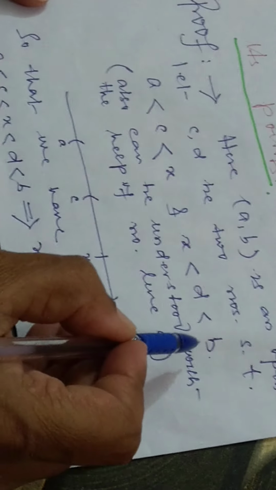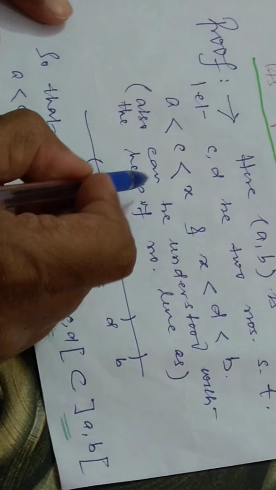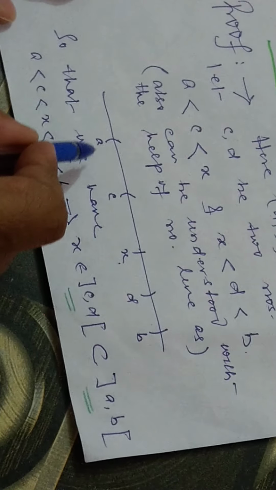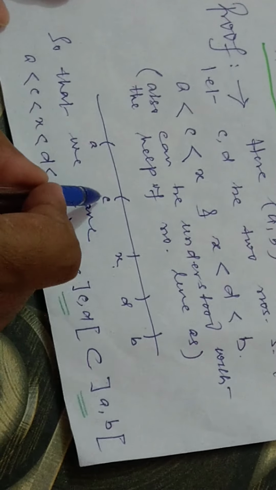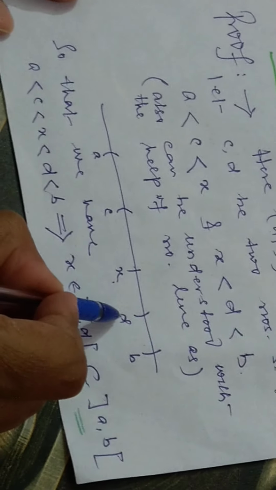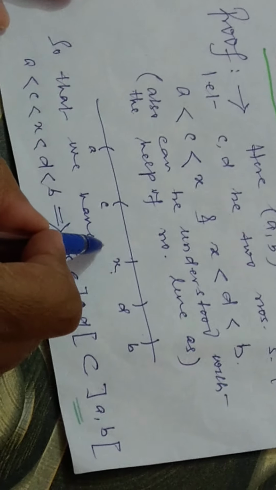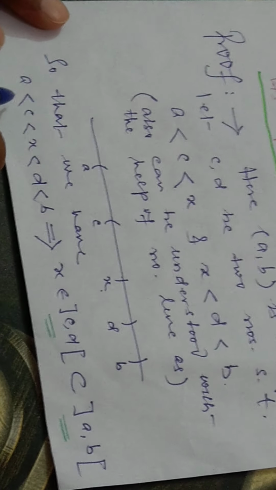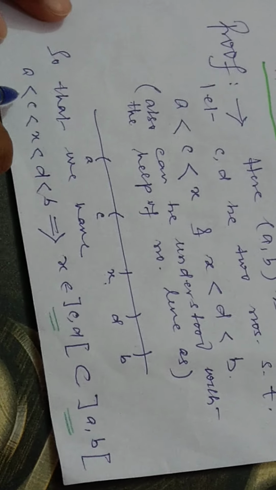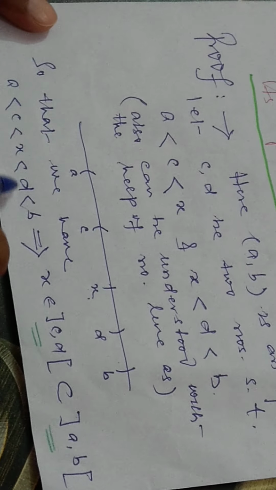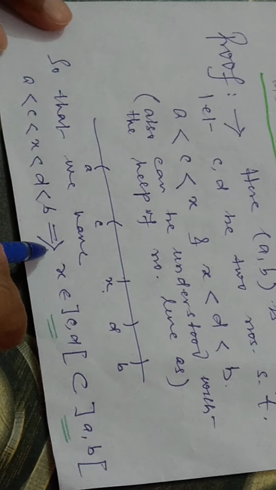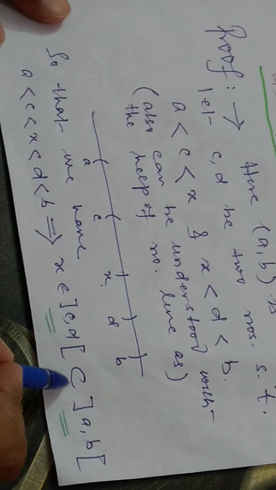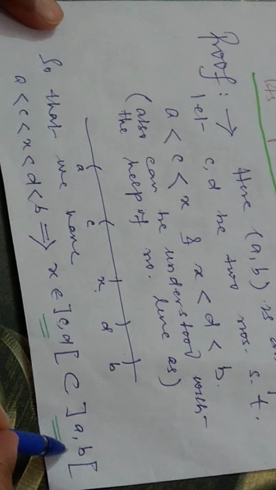This concept can be easily understood with the help of a number line. That is, between a and b, c and d are any two points, and x is any arbitrary point between c and d, so that we have a less than c less than x less than d less than b, which implies x belongs to the open interval (c, d), which is a proper subset of the open interval (a, b).